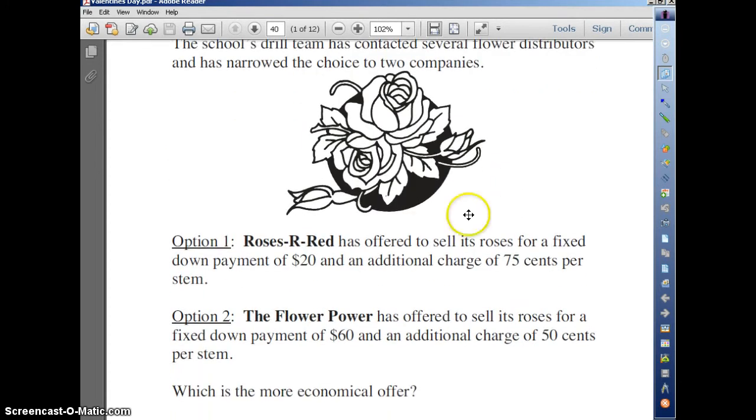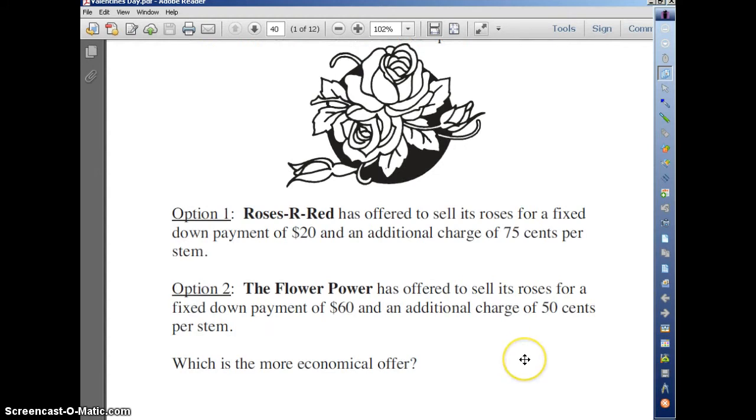Option 1, Roses Are Red, has offered to sell its roses for a fixed down payment of $20 and an additional charge of 75 cents per stem. That means per rose. Option 2, Flower Power, has offered to sell its roses for a fixed down payment of $60 and an additional charge of 50 cents per stem. Which one is the more economical offer?